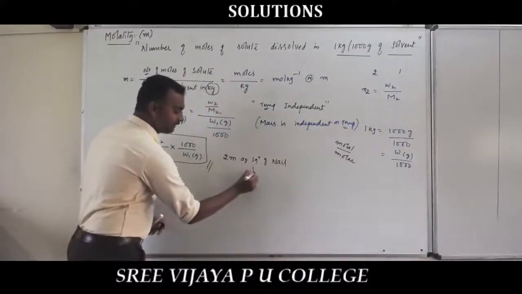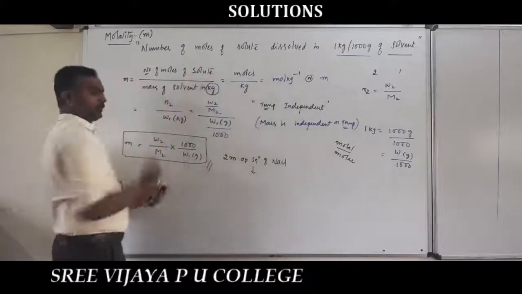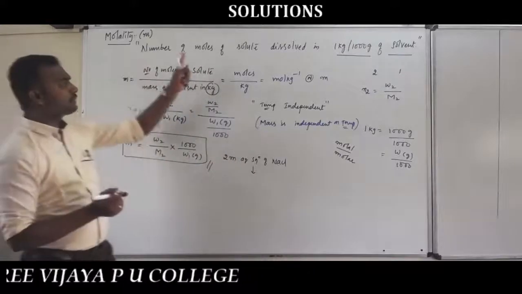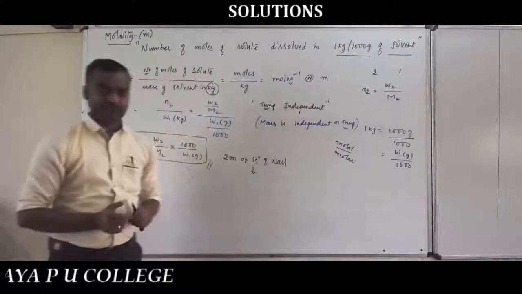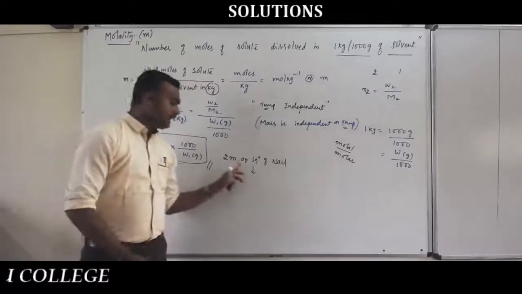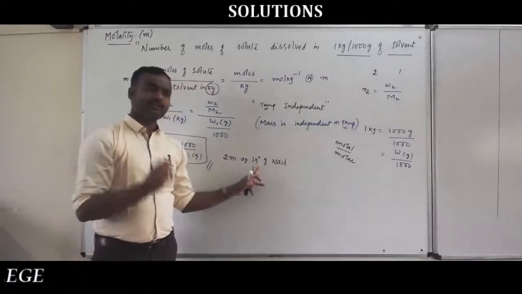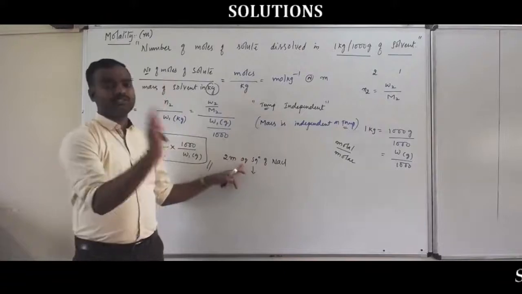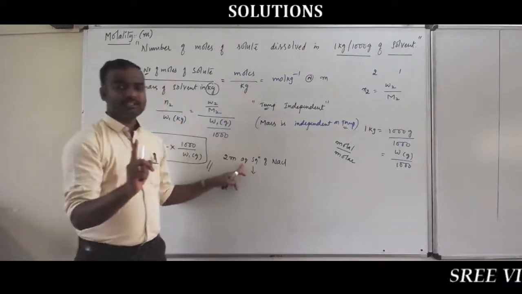What is the meaning of this? It should follow the definition. What is molality? The number of moles of solute dissolved in 1 kg of solvent. So what is the solvent here? In the previous class I discussed that if aqueous solution is given, the solvent is definitely water.